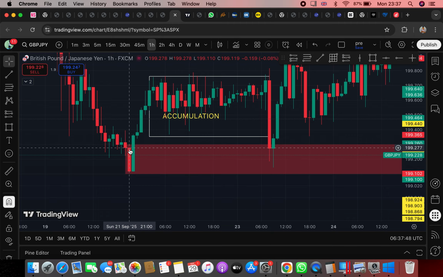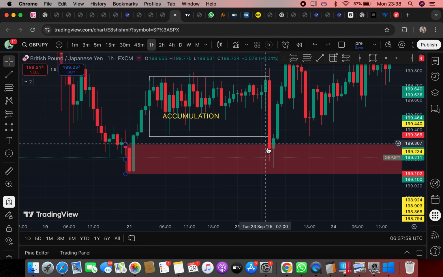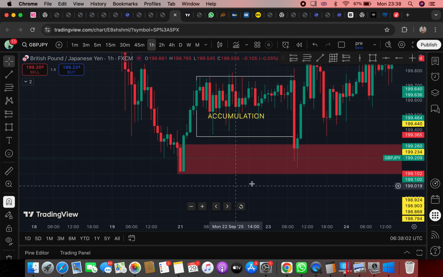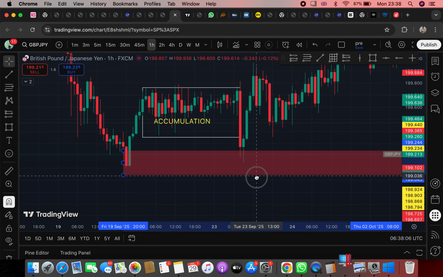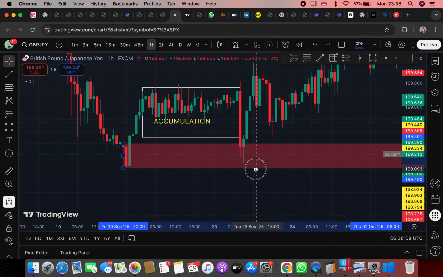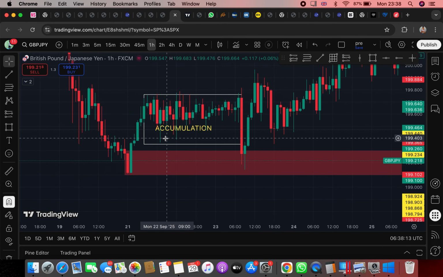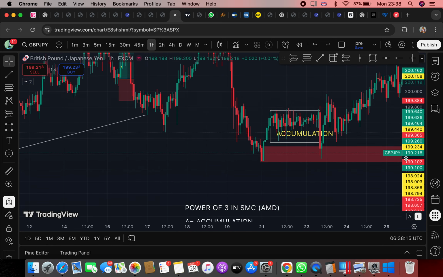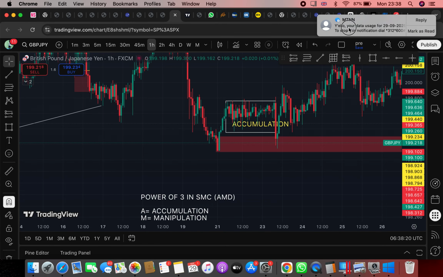You see the market came and mitigated it from here with this aggressive impulsive move towards the downside. So you see this aggressive long candle towards the downside. So that was why I said in order for you to trade this concept or this pattern to favor you, you have to trade it in accordance with the trend, because as you can see, for a long period of time, the GJ, which is GBPJPY, has been accumulating.